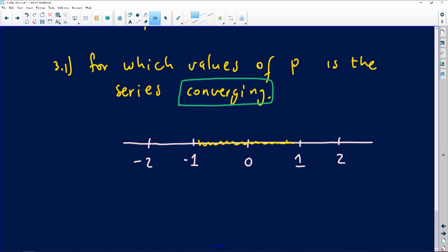It can't be more than 1 or smaller than -1. So it has to be a ratio between +1 and -1. That's what convergence looks like graphically. You've got to have the concept in your mind. You've got to understand what convergence means.